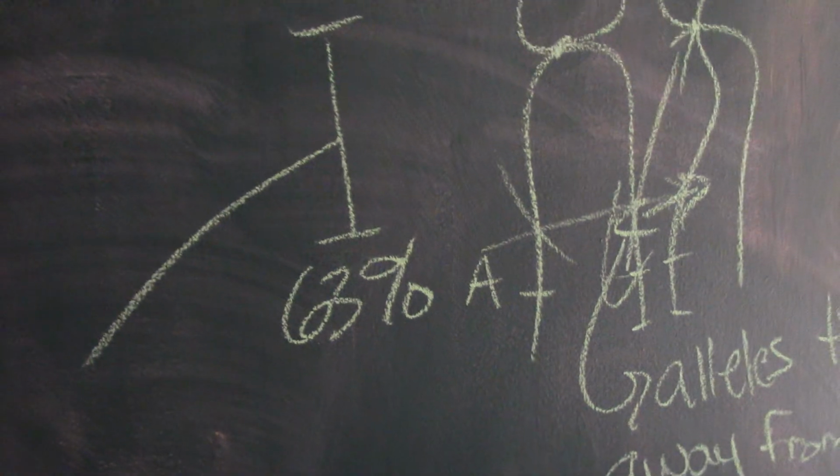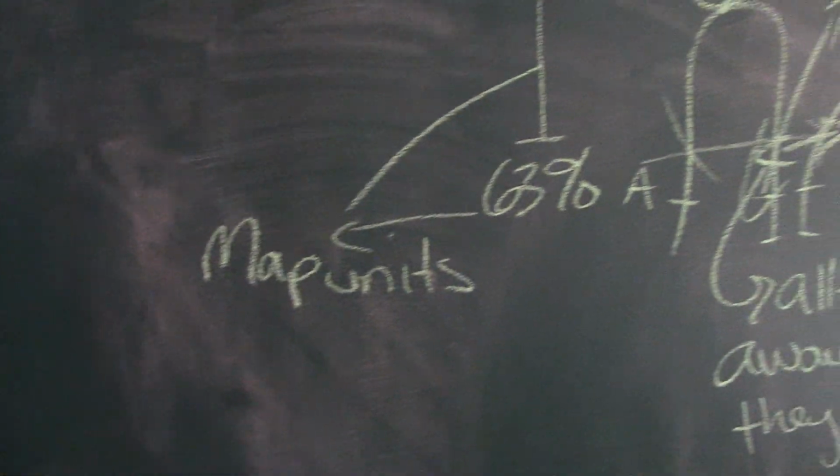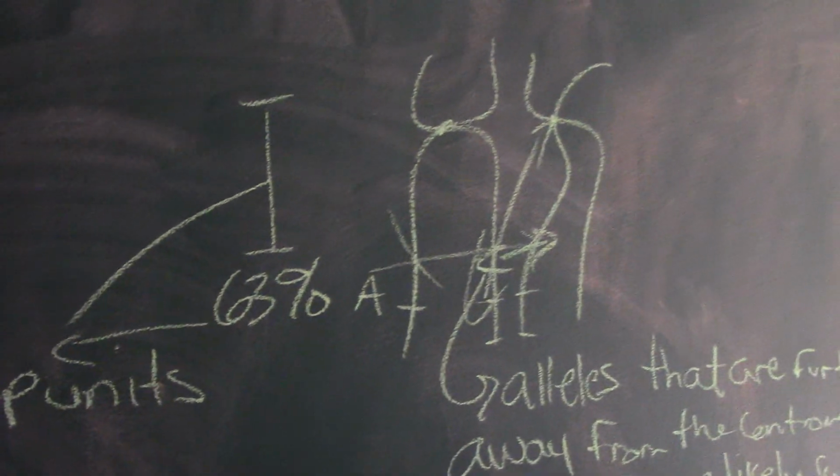We know that it's a certain distance away, so we call this crossing over frequency map units. So this tells us that chromosome A would be 63 map units away from the centromere, and things closer to the centromere would have lower crossing over frequencies, so they would be closer, right?